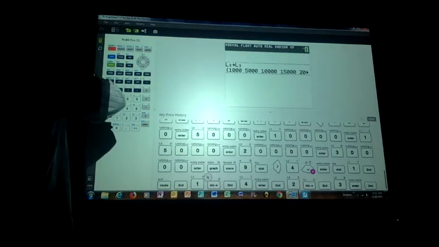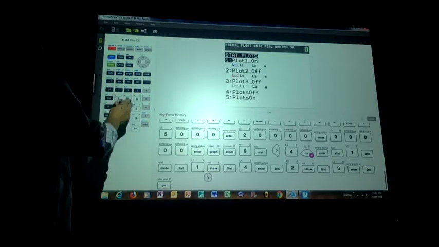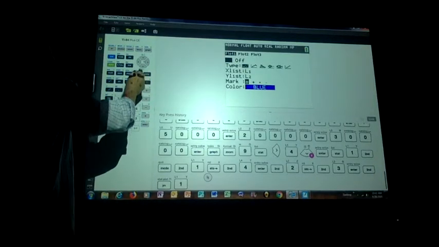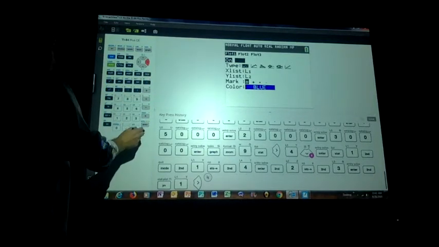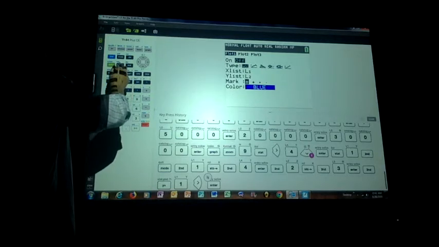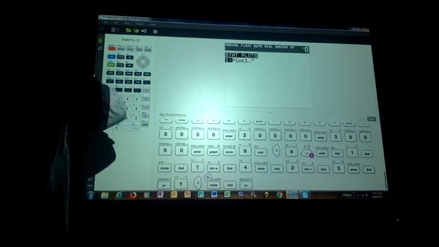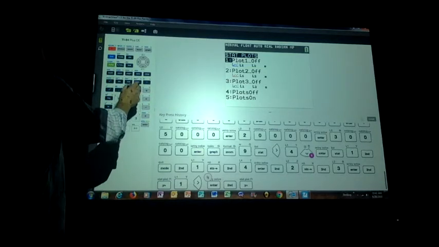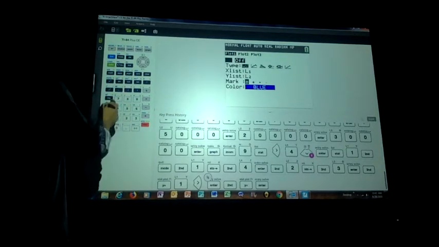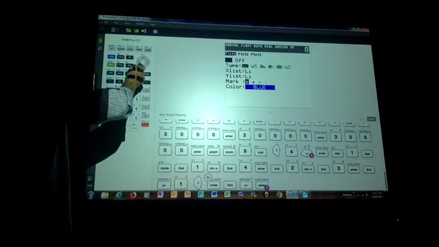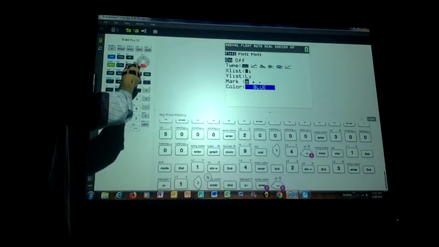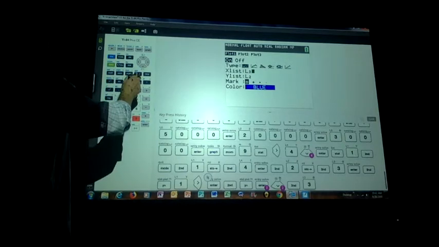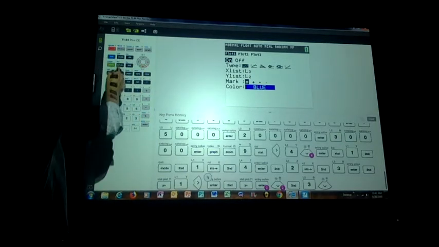I'm going to turn this stat plot off. All I'm doing is just flip-flopping it. And then second stat plot, I have to change it on my thing. I'll turn that back on. It's on. And I'm going to do L3, L4.